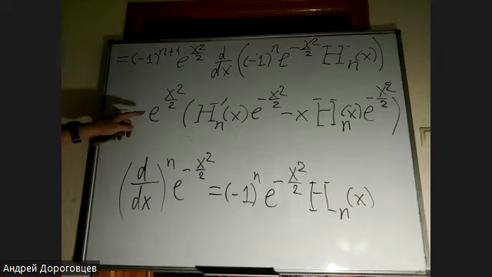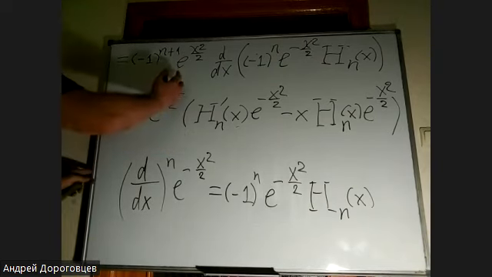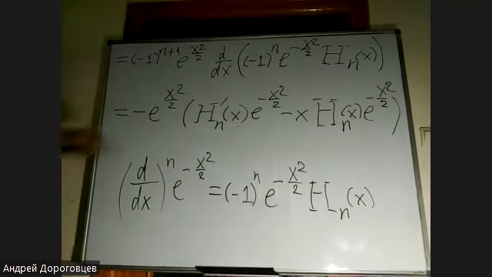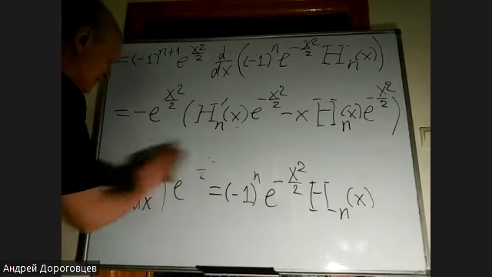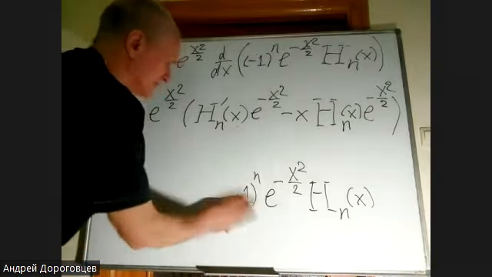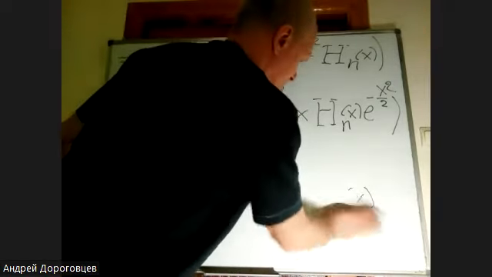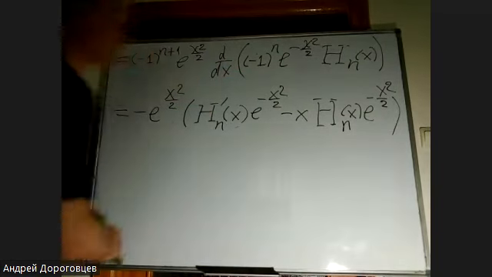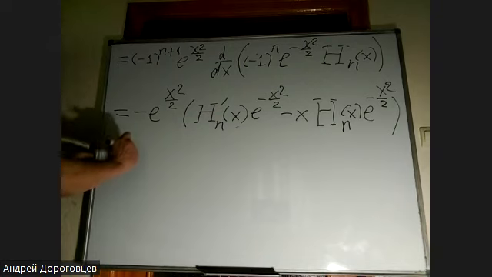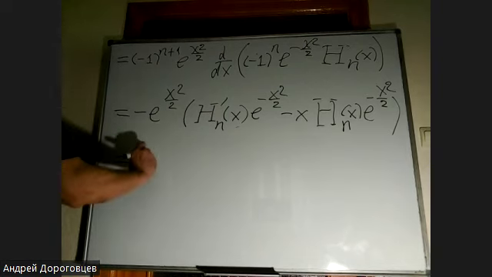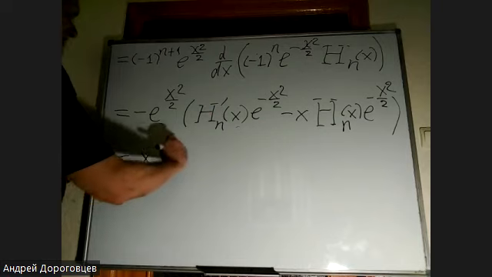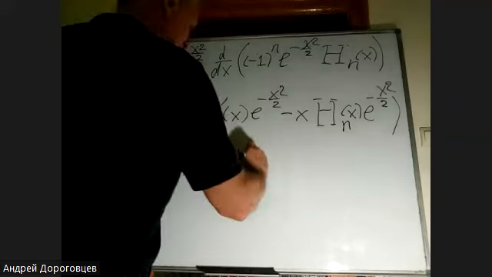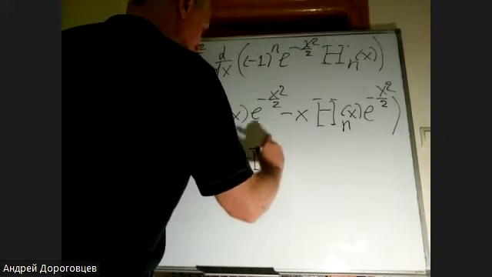Then let's do the multiplication, which will cancel the plus exponents and use this minus again, and we will finally get a very nice formula. We will have the expression x H_n(x) minus H_n'(x).